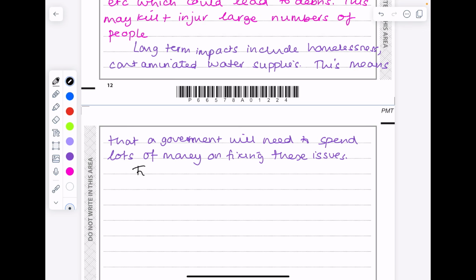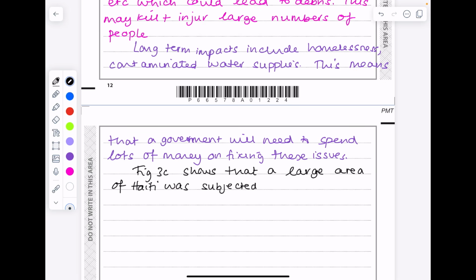So figure 3C shows that a large area of Haiti was subjected to violent shaking, e.g. Port-au-Prince.